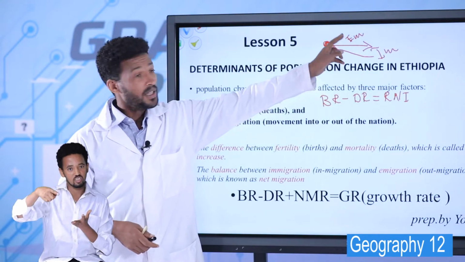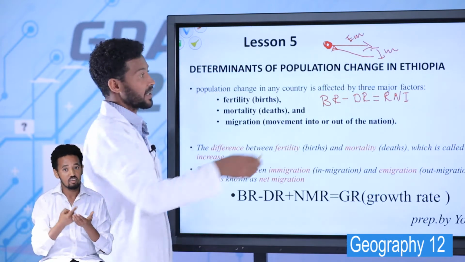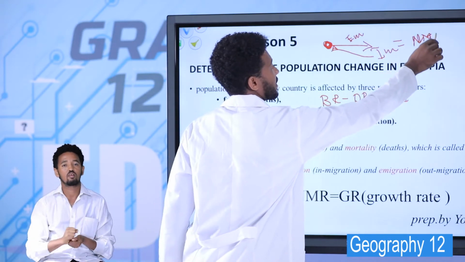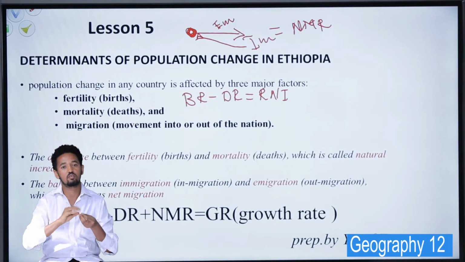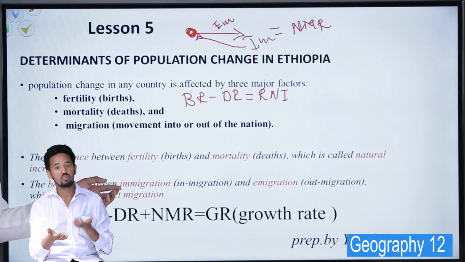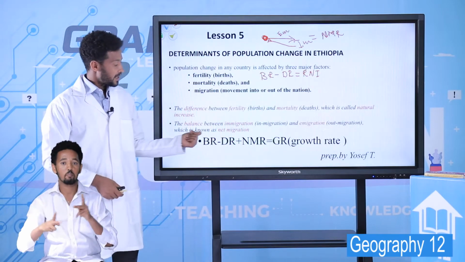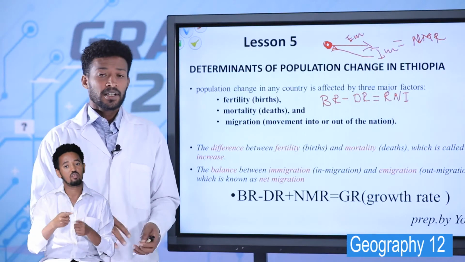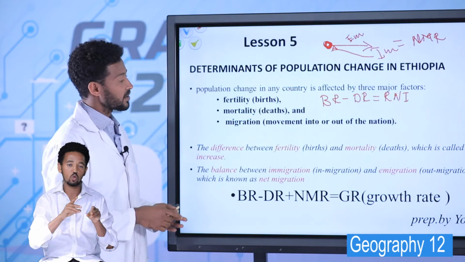The net balance between emigration rate and immigration rate gives us the net migration rate. Therefore, the balance between incoming and outgoing people gives us the net migration rate. Therefore, a certain country's population is changing due to these three factors.